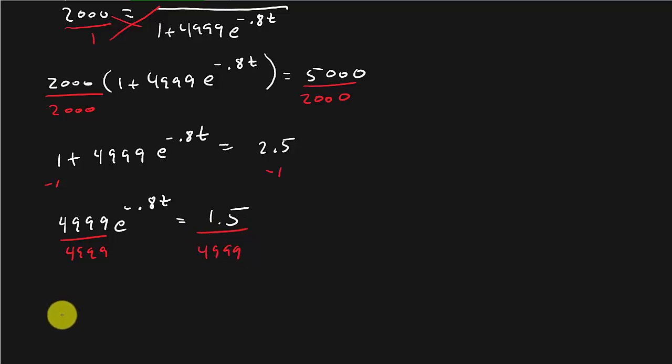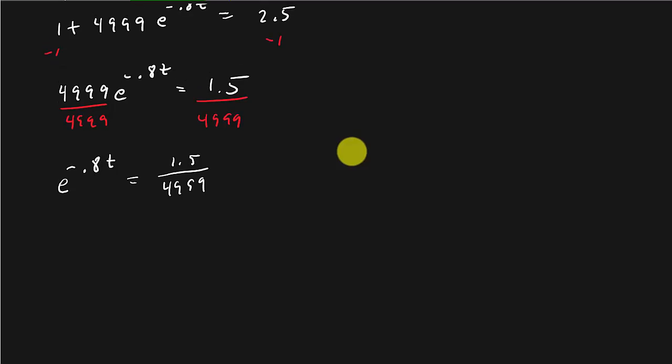And that is going to leave us with e to the negative 0.8t equals 1.5 over 4,999. We'll just leave it as a fraction. That'll be fine. All right, so we need to get t by itself.